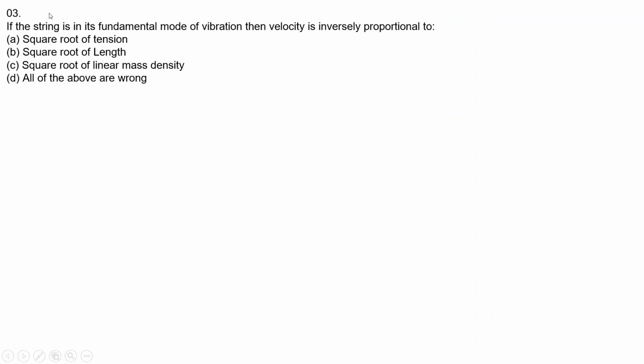Now the next question: if the string is in its fundamental mode of vibration, then velocity is inversely proportional to what? Fundamental mode means the n equals 1 condition. For that, frequency is equal to 1 over 2L under root T by m.